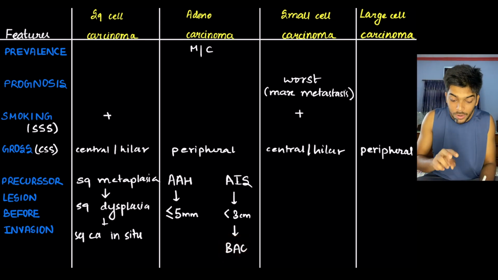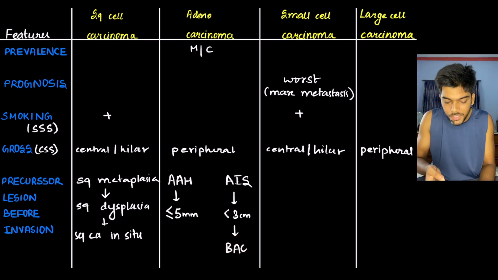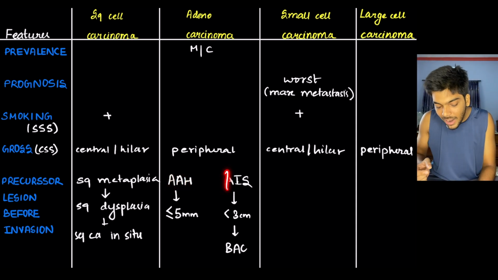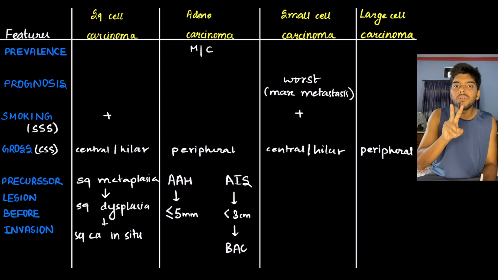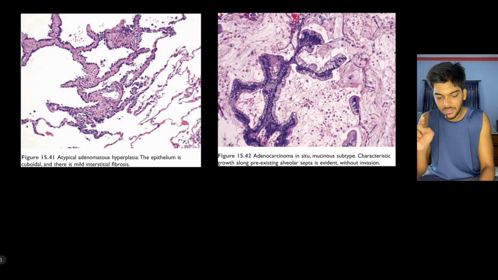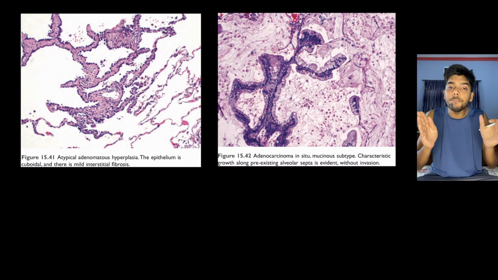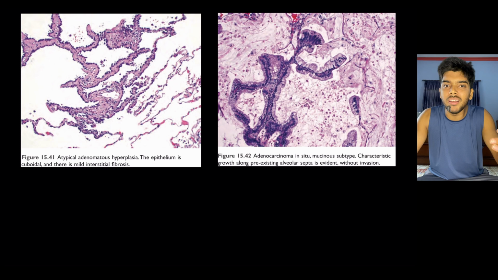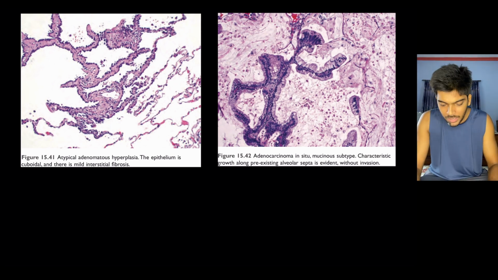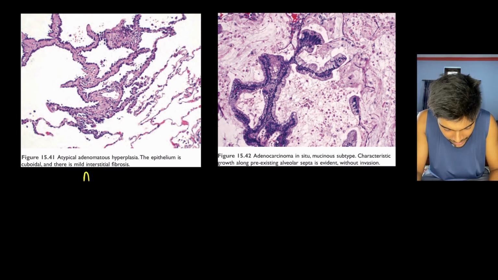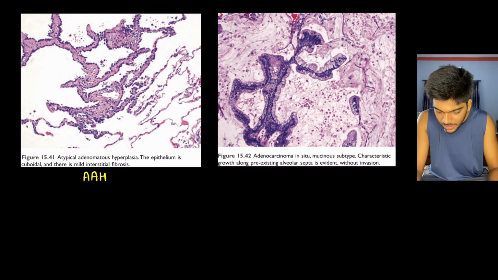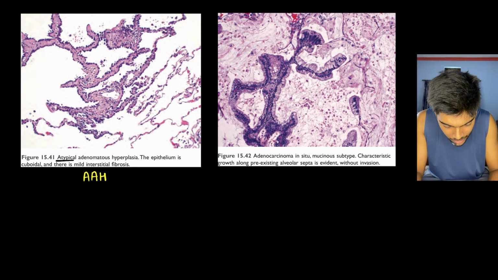Once again, let's look at both the precursor lesions of adenocarcinoma, that is atypical adenomatous hyperplasia and adenocarcinoma in situ, with the help of two histology pictures given in Robbins. So what did I say? There are two different precursor lesions that can eventually lead to adenocarcinoma of the lung. First is AAH, atypical adenomatous hyperplasia.